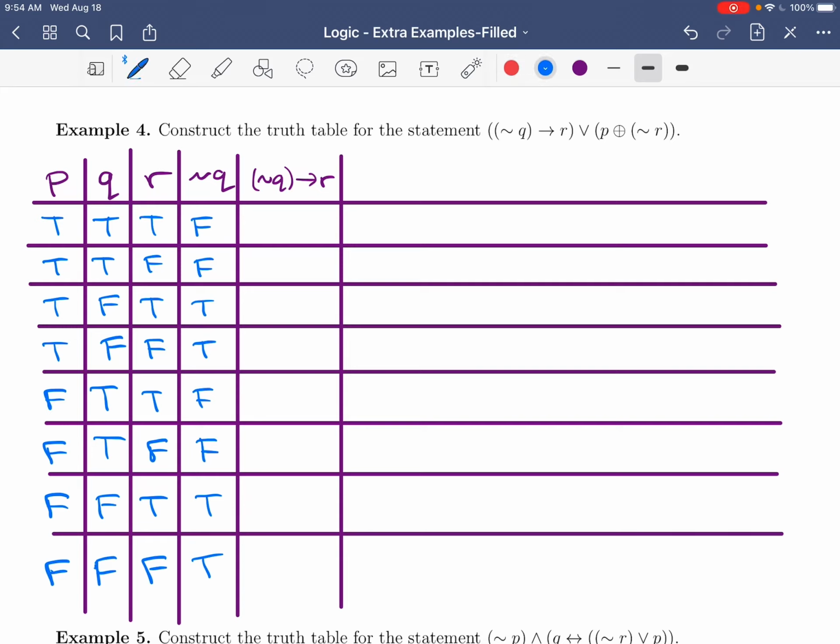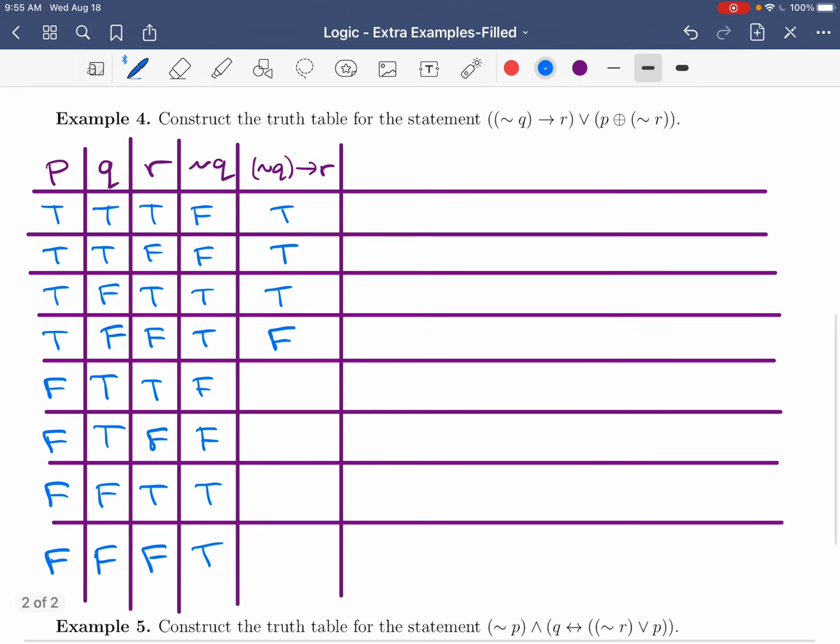So the first 2 rows have not Q being false. So that means the implication is immediately true. Okay, now the next 2 rows have not Q being true. Now in the first one, R is true, so true implies true is true, but then I have true implies false, so that's false.